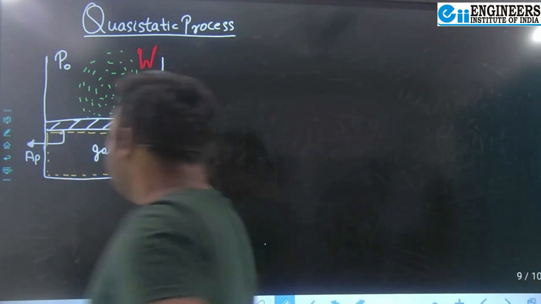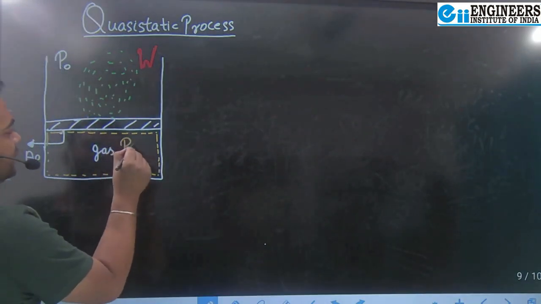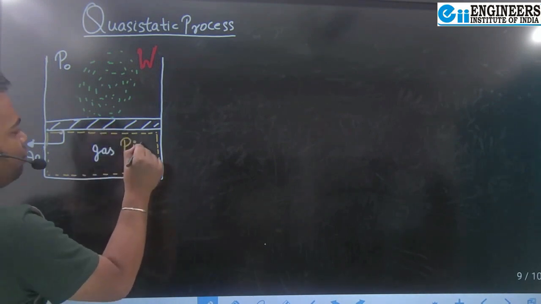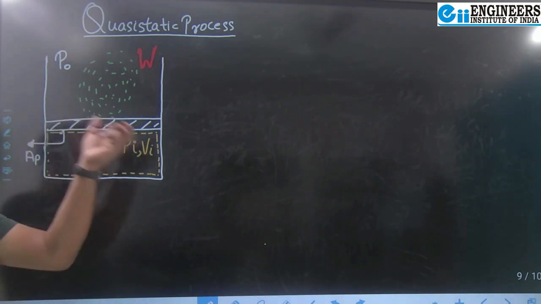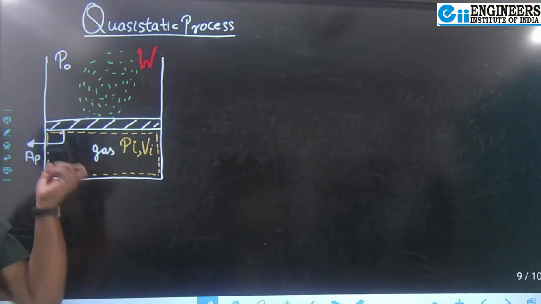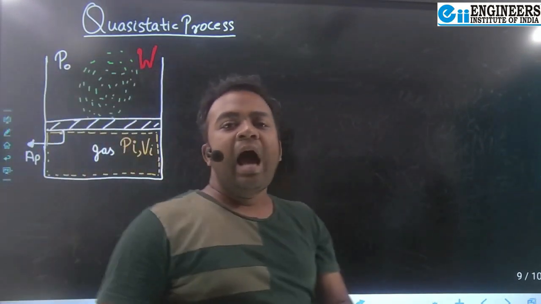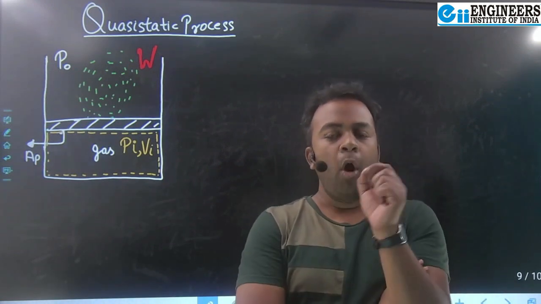So if this is my thermodynamic equilibrium condition, let's see what properties I can see from here. Let's say the initial pressure of the gas is Pi, and the initial volume of this gas is Vi. So at this point of equilibrium condition the initial pressure is there, and the initial volume is there. So properties are fixed. If thermodynamic equilibrium is established, it means properties are fixed.